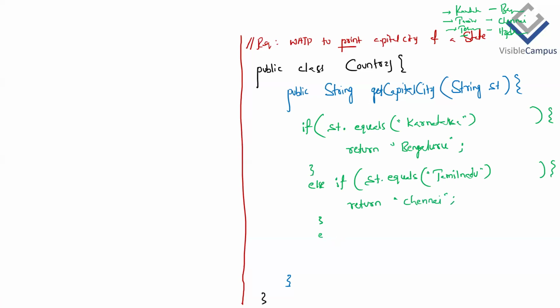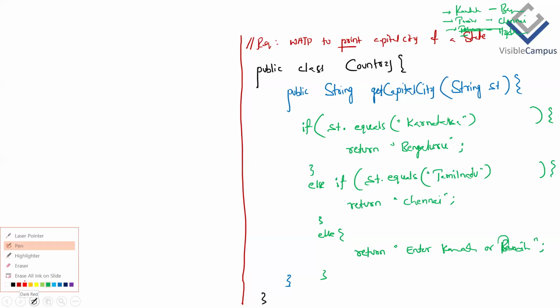Next, once again one more else if block, so let me avoid this. Then finally we go for an else block, else without any condition. For this scenario, we have to return a message to enter Karnataka, or Tamil Nadu only. That's my else block message return value. Correct. So this is the normal logic which we already know.